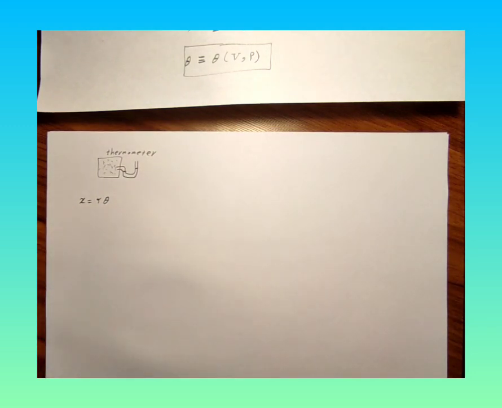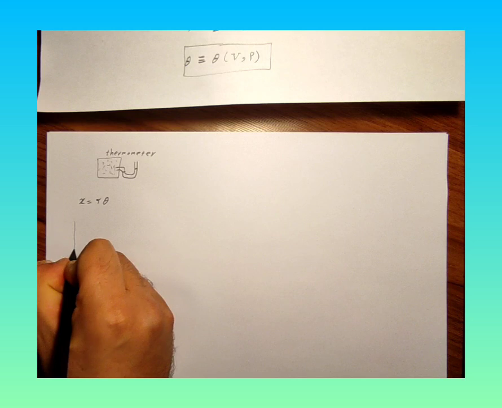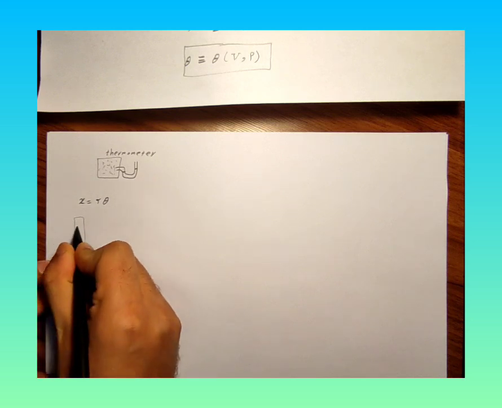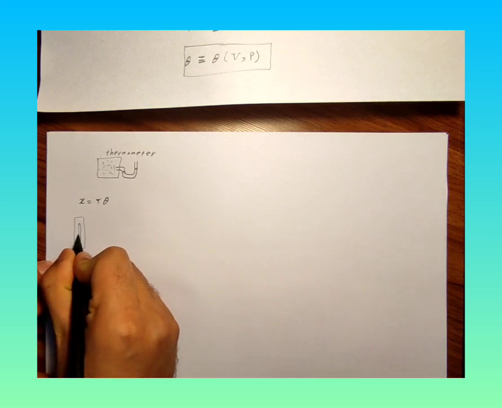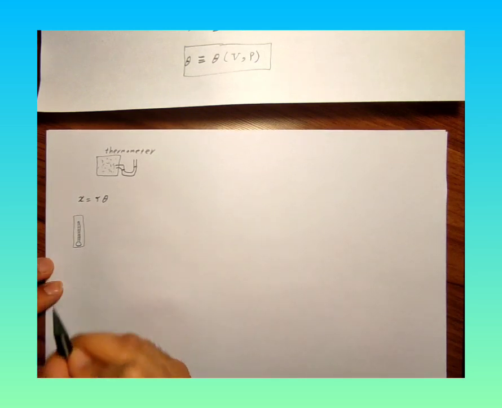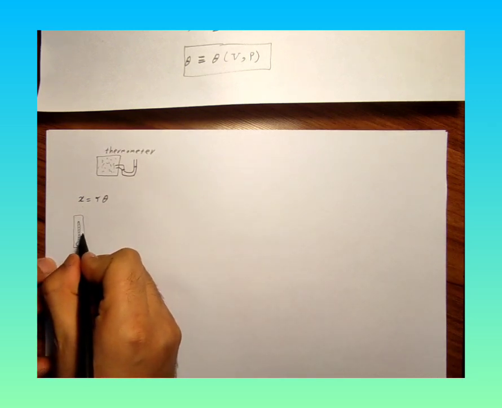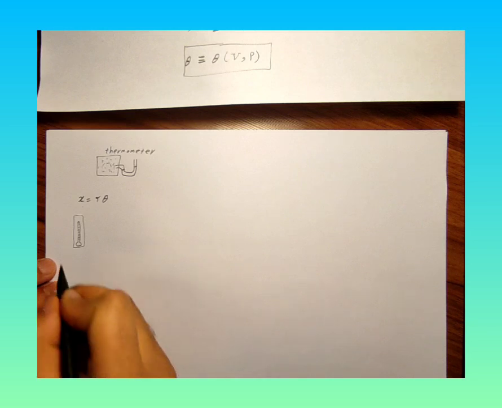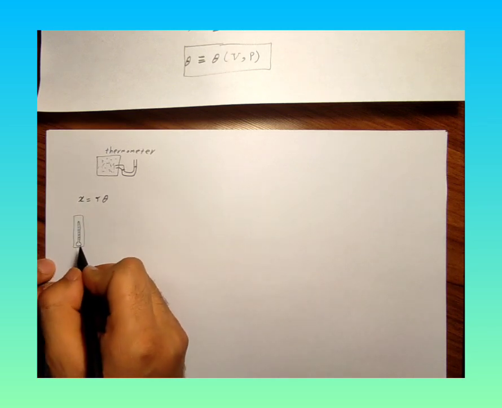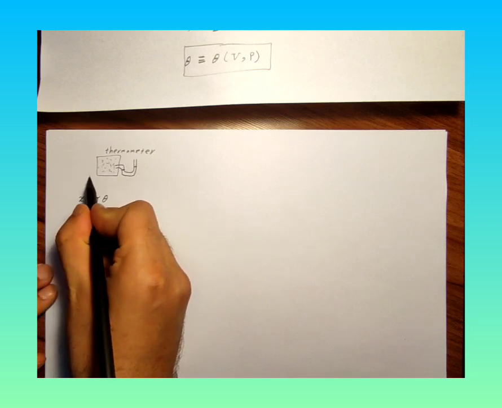X is a quantity, here pressure, but another thermometer may work with the height of liquid. This thermometer works with height of a liquid, and here X will be height, but for this X will be pressure.